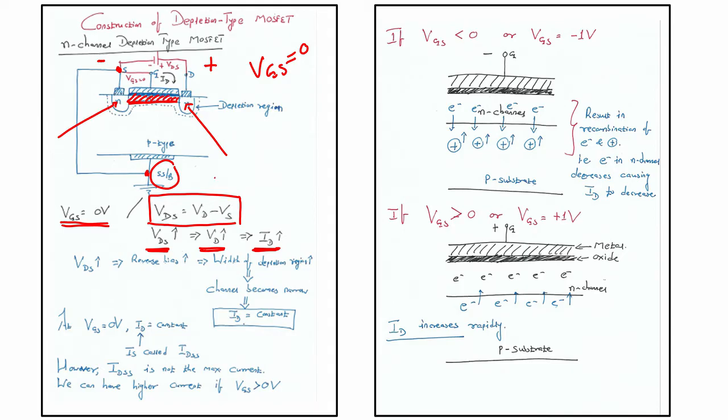In this particular condition, when you have VGS equal to 0, on increasing VDS we can see an increase in drain current.